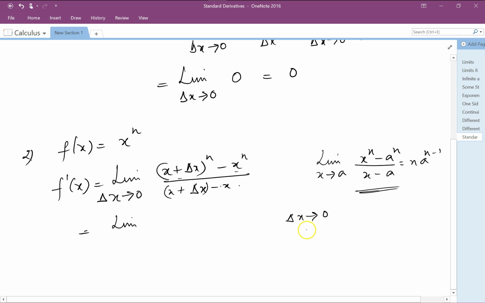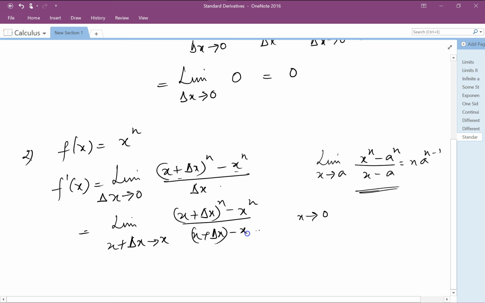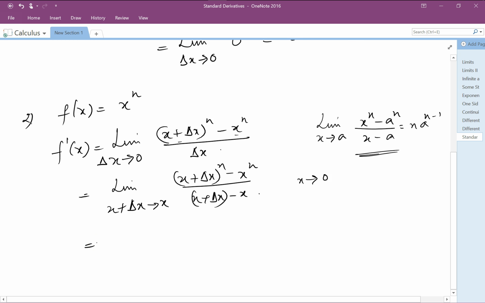Delta x approaches 0. Let's add x to both the sides. So x plus delta x approaches x plus 0, so 0 we need not write. Our limit statement would become x plus delta x approaches x of x plus delta x to the power of n minus x to the power of n by x plus delta x minus x. And because of the standard limit, we can directly say n x to the power of n minus 1.